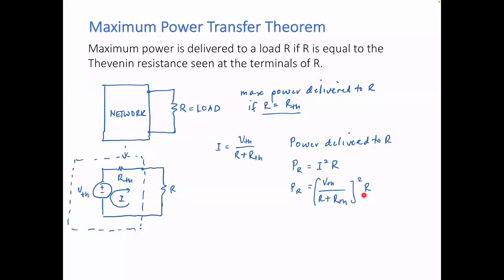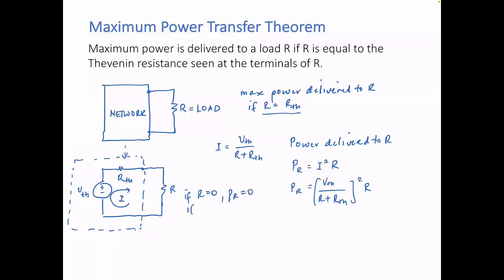If R is equal to 0, what is the power delivered? It is equal to 0. On the other hand, if R is equal to infinity, what does R equal to infinity mean? It means there is no load, because an infinite resistance is an open circuit. If R equal to 0, P of R is equal to 0.